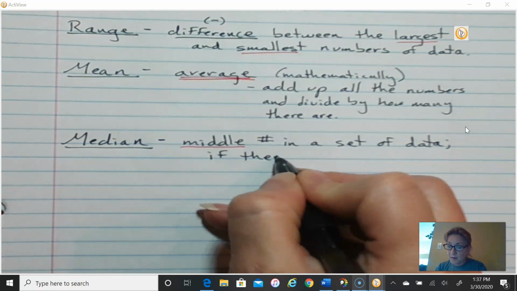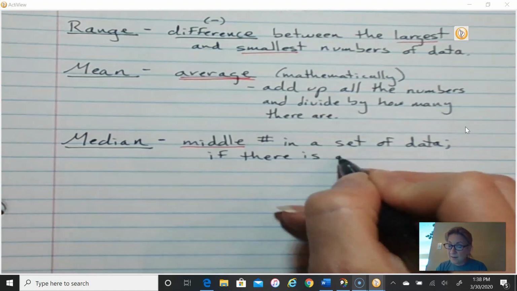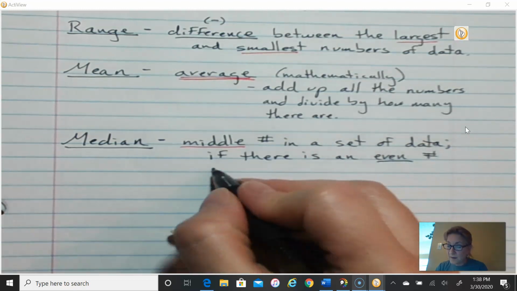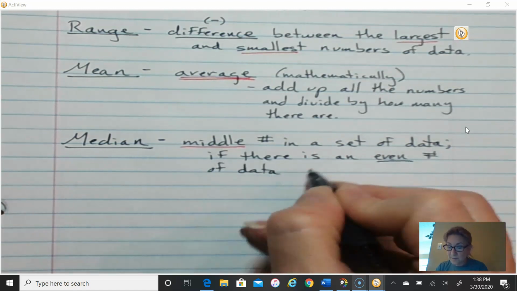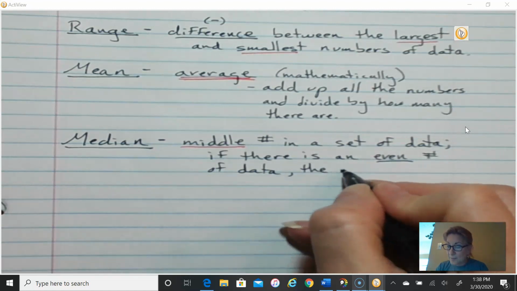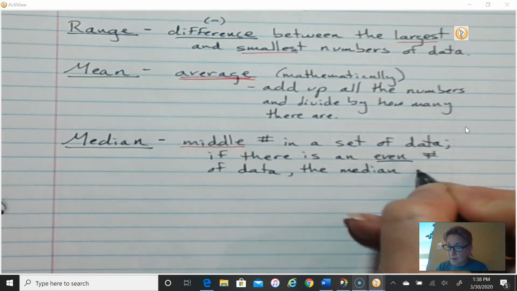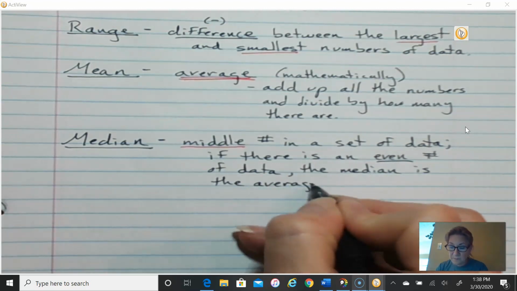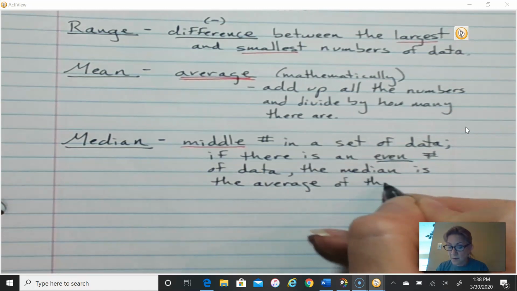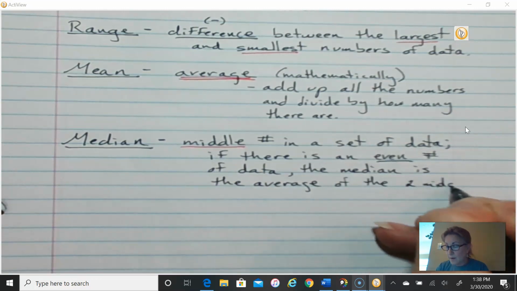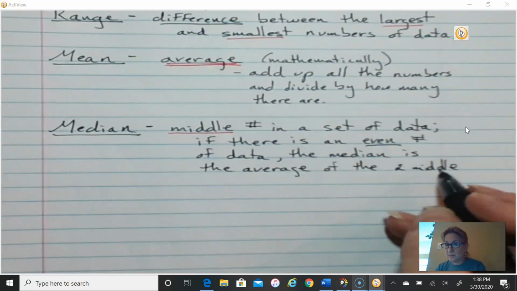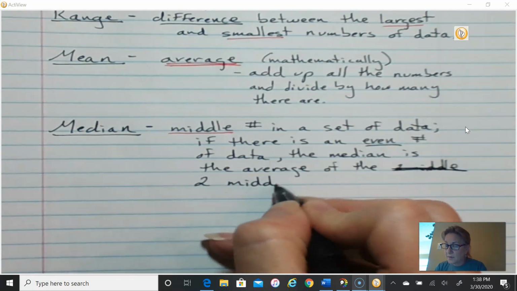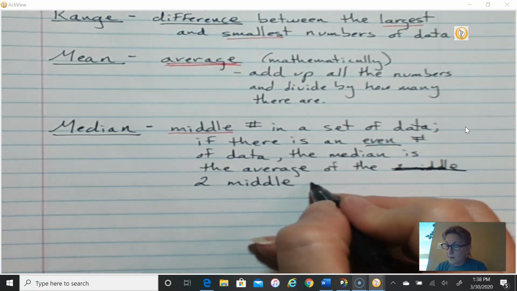If there, this is important, is an even number of data, the median is the average of the two middle numbers.